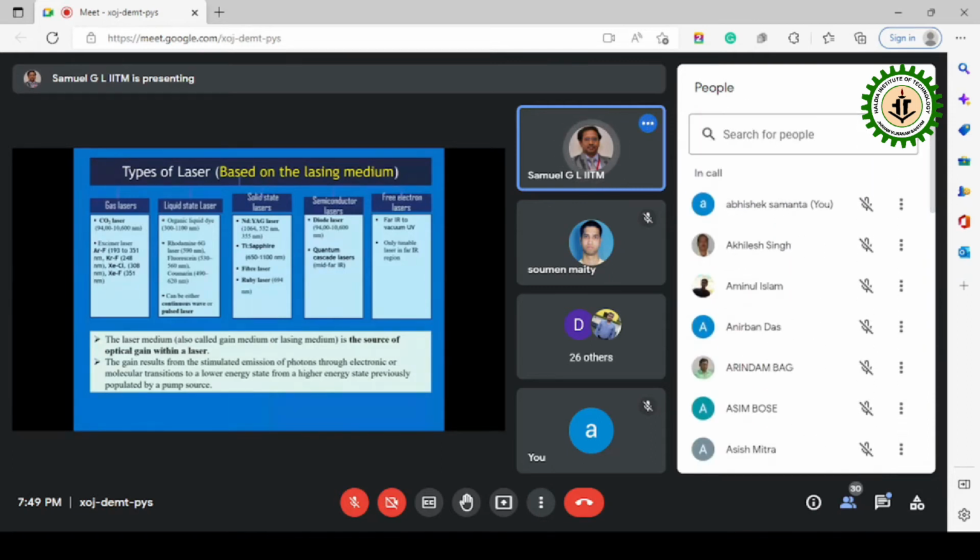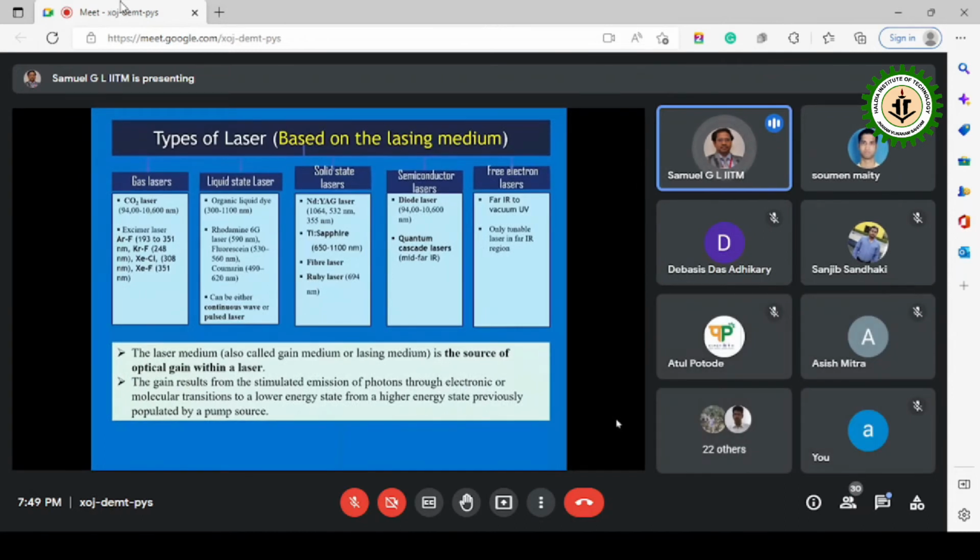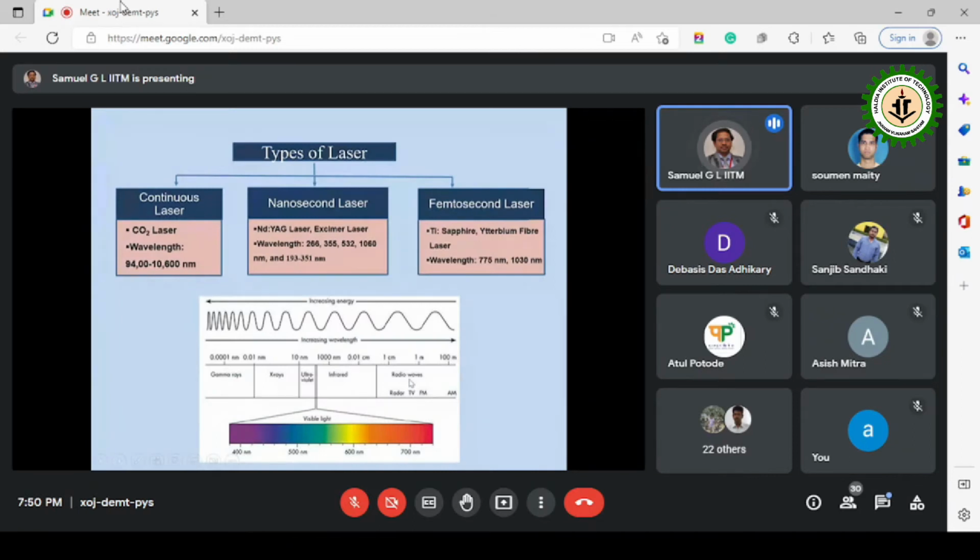So there are gas-based lasers, liquid state lasers, solid state lasers, semiconductor lasers, free electron lasers. And if you go into each of them, maybe CO2 lasers are very, very popular. You might have seen or heard about them. And then we have Nd:YAG lasers, excimer lasers, Ti-sapphire lasers, like this. There are several lasers.